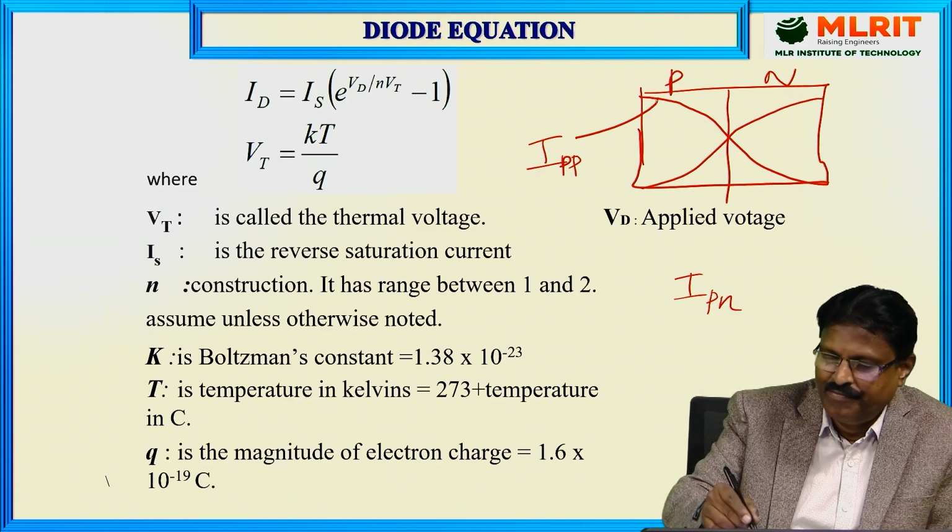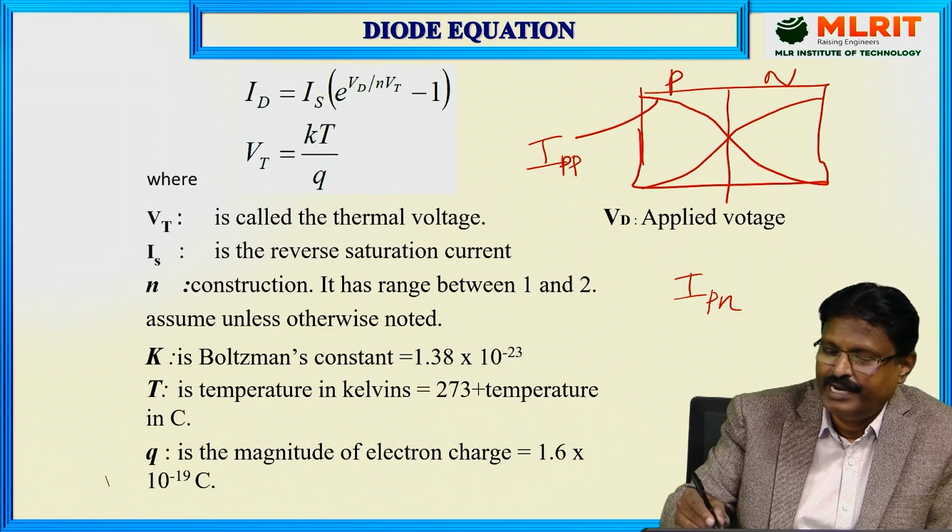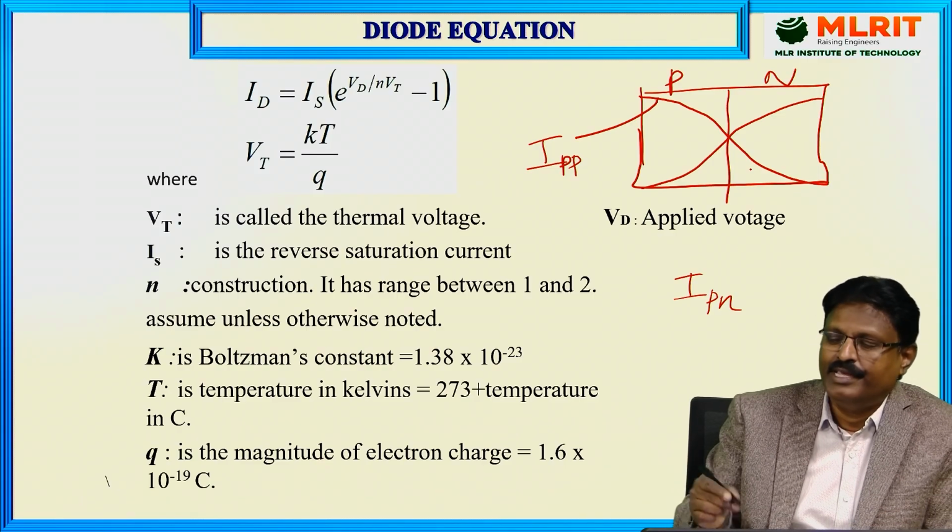So this is a drift current. Whenever the hole moves to the other side, the N side, this current is called the hole diffusion current in the N side.